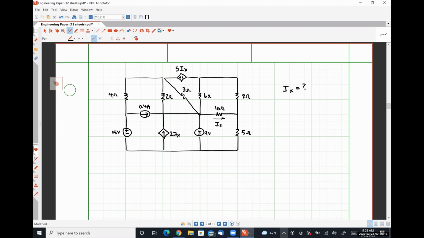Okay. So step 1 is still going to be identify our nodes.